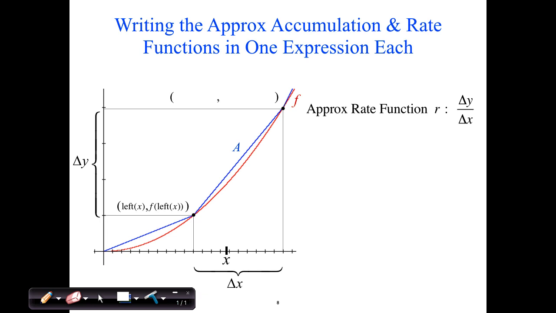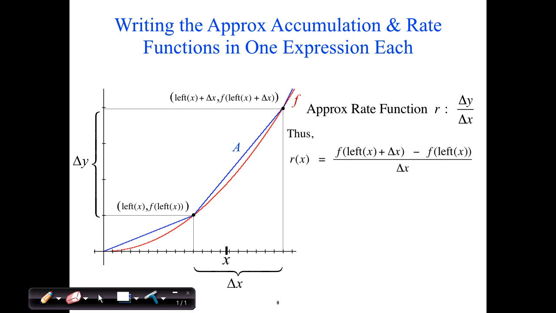And the right end is delta x later, so left of x plus delta x. And the y-coordinates corresponding to those, on our exact rate of change function, the red function here, f, are f of those independent variable expressions. So f of left of x and f of left of x plus delta x.